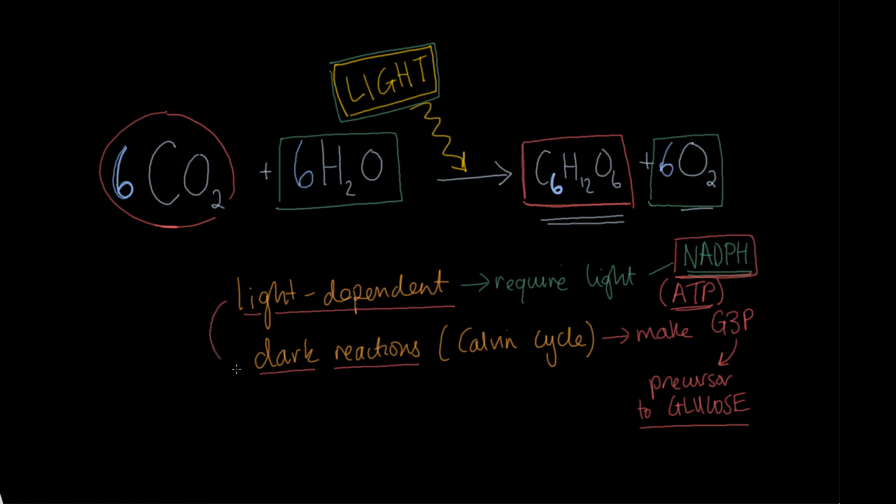So the light dependent and the dark reactions are linked. The products of the light dependent reaction feed into the dark reactions, and you'll see later that the products of the dark reactions feed back into the light dependent reactions, and we're going to siphon off some glucose while we're at it. So let's look at the light dependent and the dark reactions in detail to see how these processes happen.